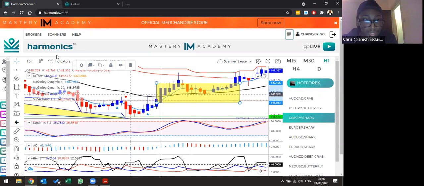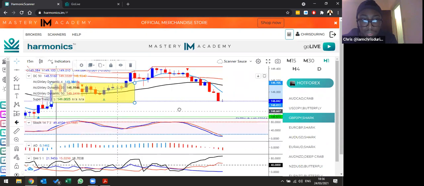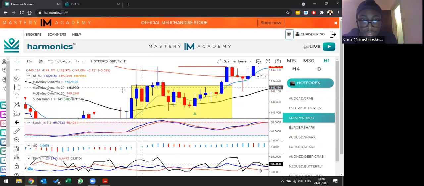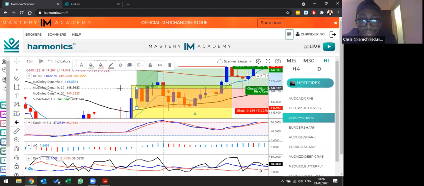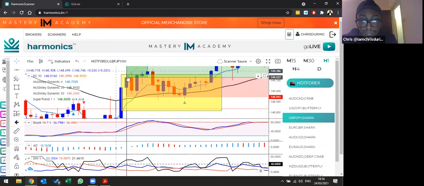Okay, so once again, I can change my candles to my normal candles. So we've got our closing candle here. You could have either entered at the top of that candle, or as you can see, price pulled back into this area.